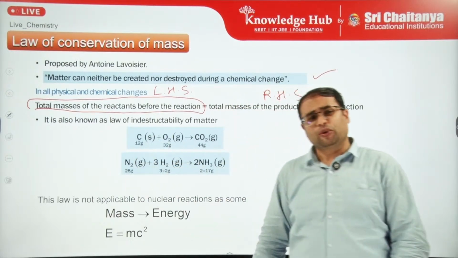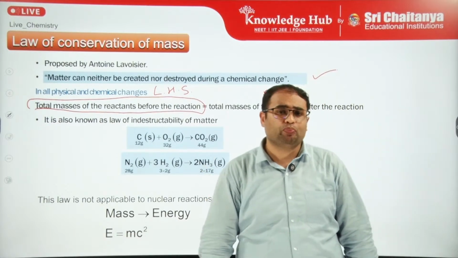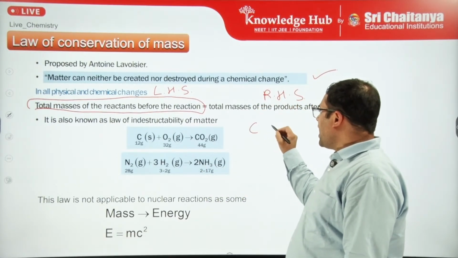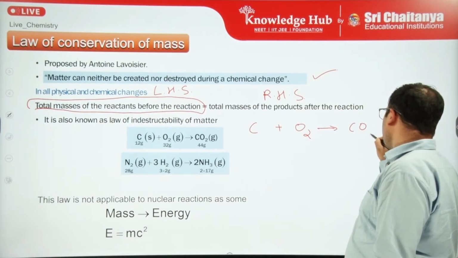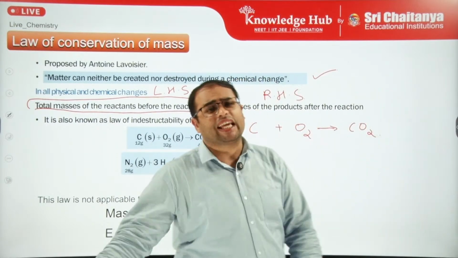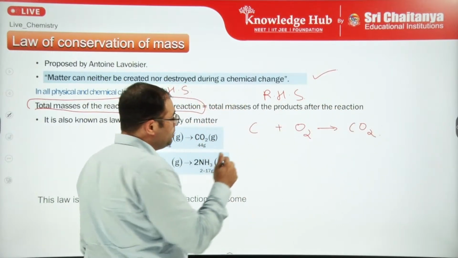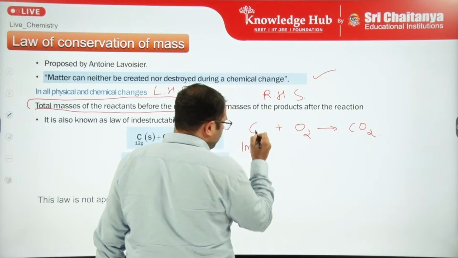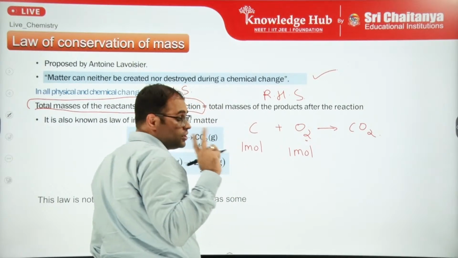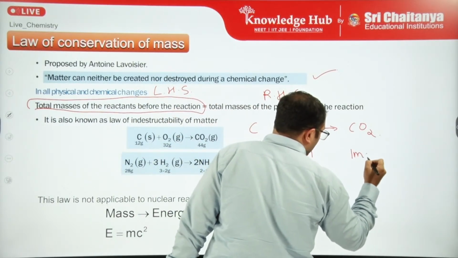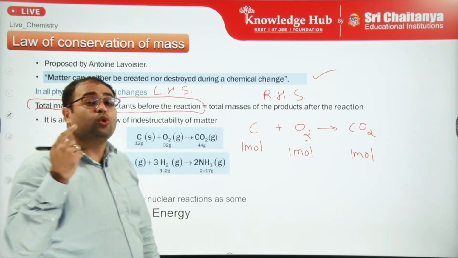Have a look at this reaction where you have carbon solid reacting with oxygen gas to form CO2. Whenever a reaction like this is written, what does this equation signify? I have told you earlier also. If this equation is balanced, it means that 1 mole of carbon reacts with 1 mole of dioxygen to give you 1 mole of carbon dioxide, correct? And what is the molar mass of carbon?